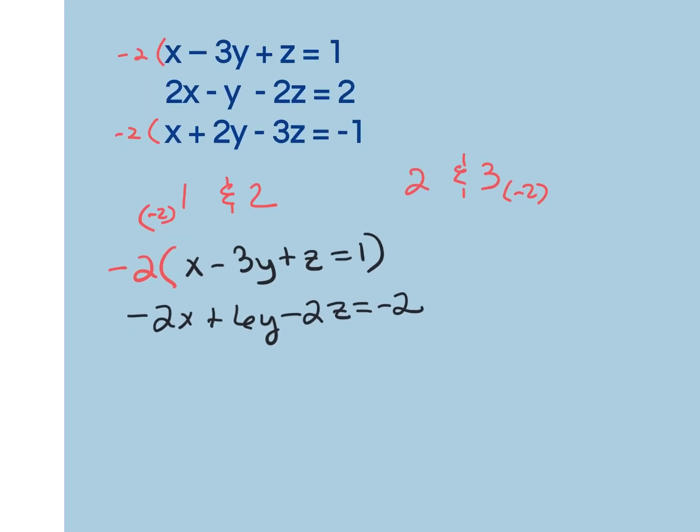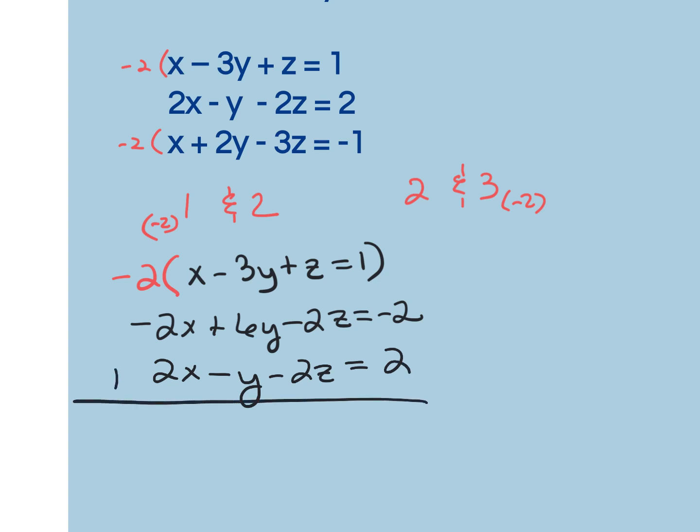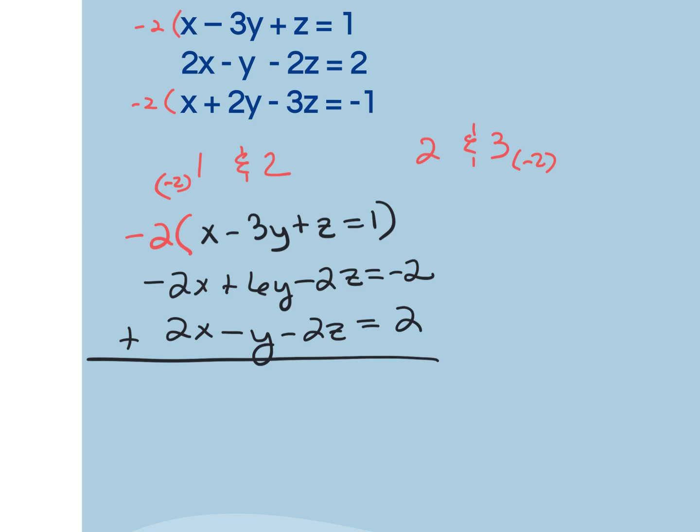I'm going to write equation number 2 right below it. And now I can add them together. The x's cancel out. I get 5y minus 4z equals 0.